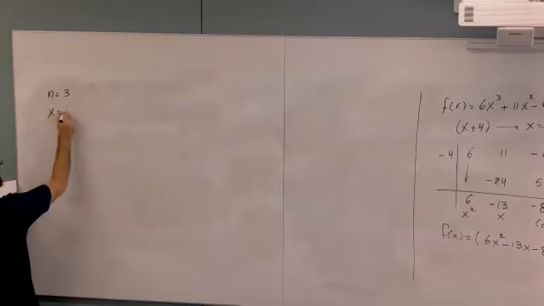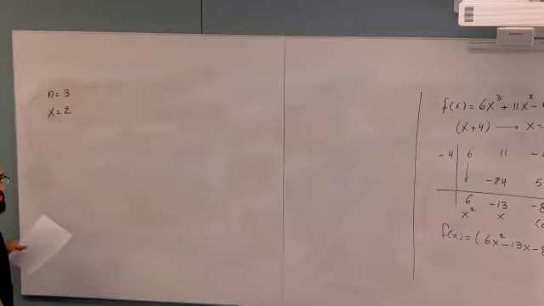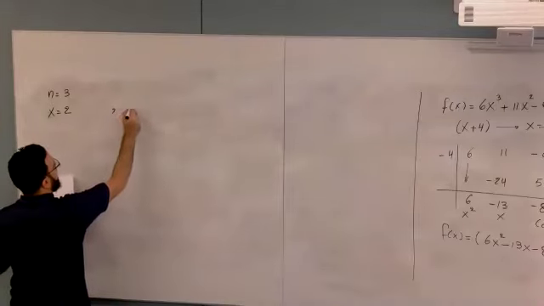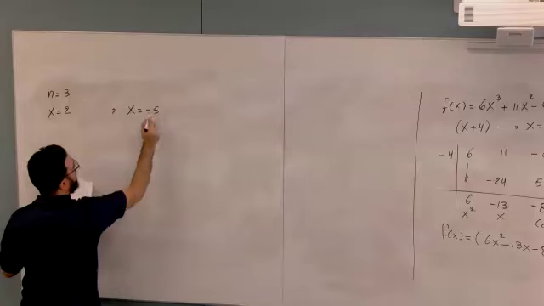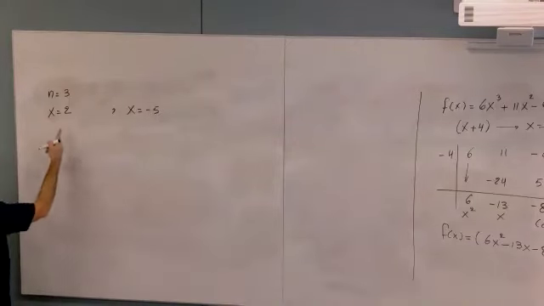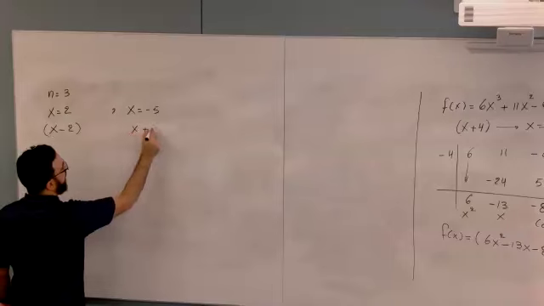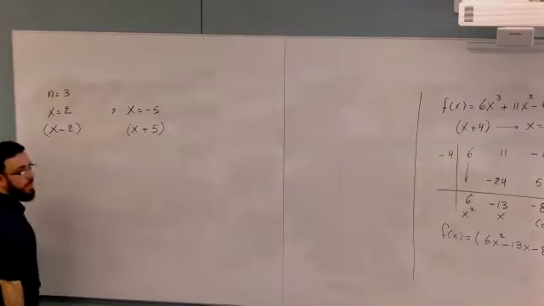That means x equals 2. Yes or no? The second 0 equals what? X equals -5. Now let's write down the factors. What's the factor of this one? X minus 2. This is the factor. What's the factor of this one? X plus 5. Is that okay?